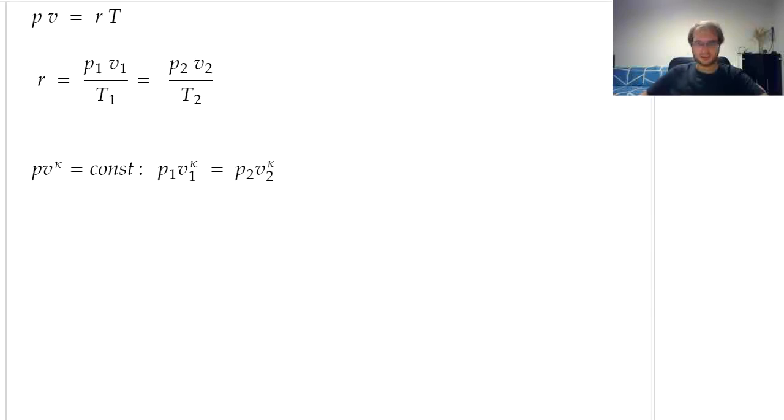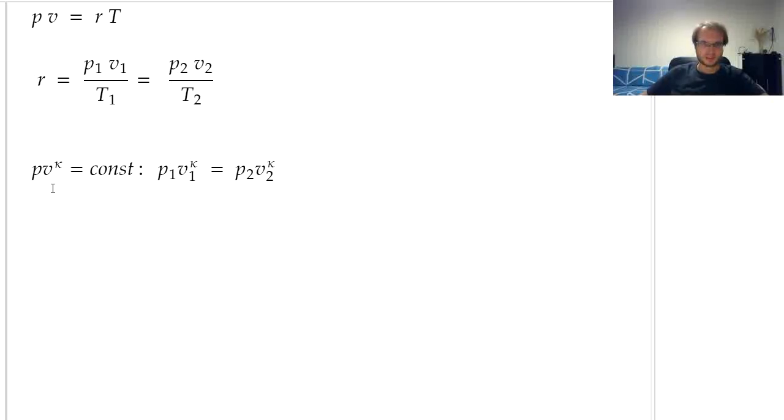Well, we can derive it from the ideal gas equation PV equals RT, where we can manipulate the variables and get that R equals PV over T. The R needs to be constant for any state of the fluid, so it needs to be valid for both state 1 and also state 2.